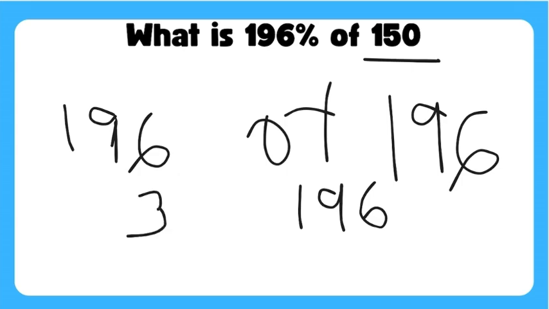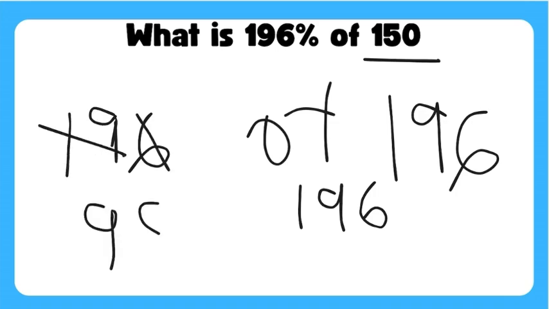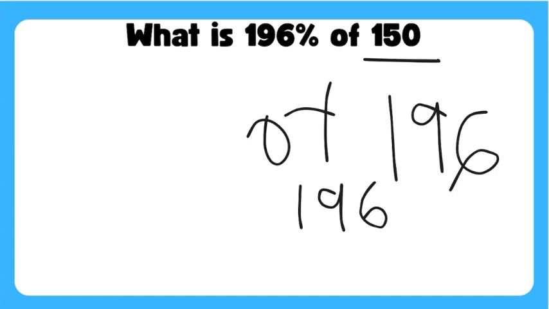This is a 9 and this is an 8, so it's 98. Sorry about that. So we have 196 plus 98.